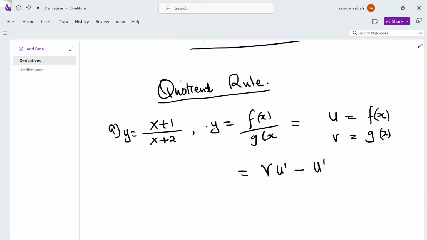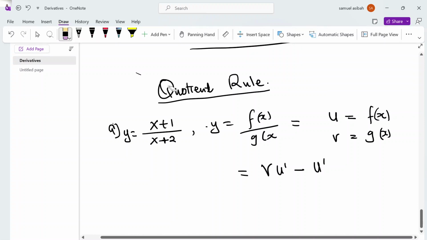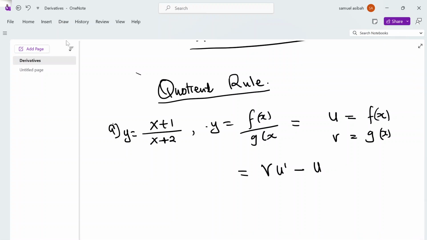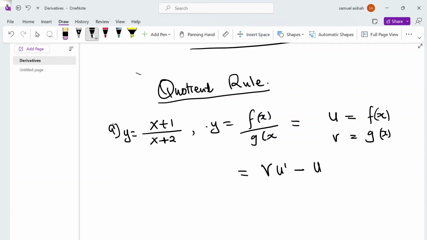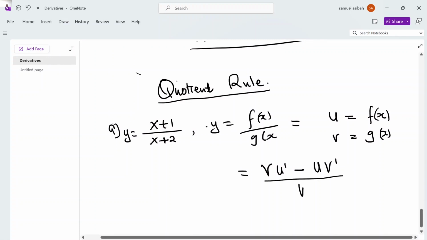Sometimes make sure that you write the formula well. Then you divide over v squared.